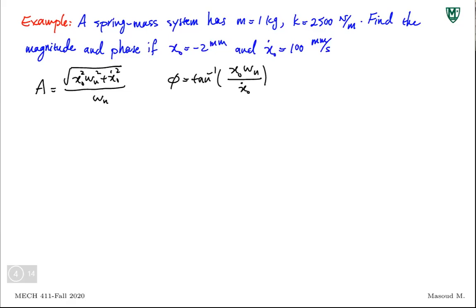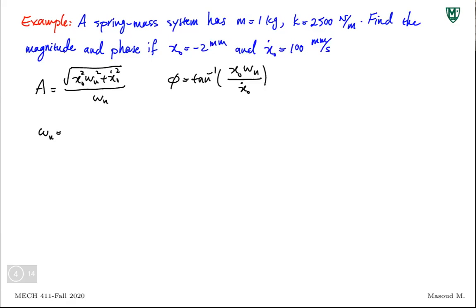Now, what do I need to find these? I have x naught and I have x naught dot. What is missing? Omega n, right? I have to find the natural frequency. Exactly, thank you. So let's go for omega n.